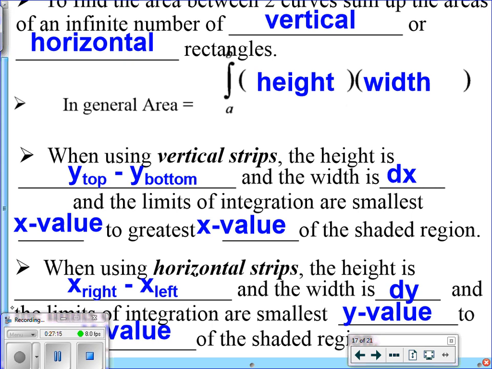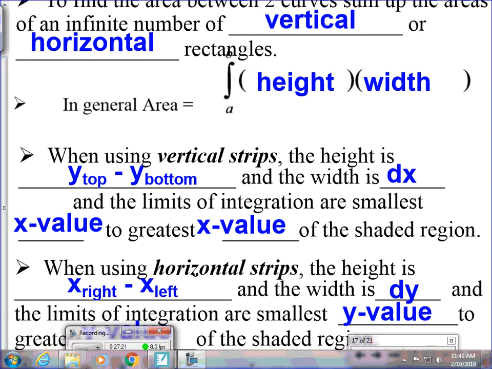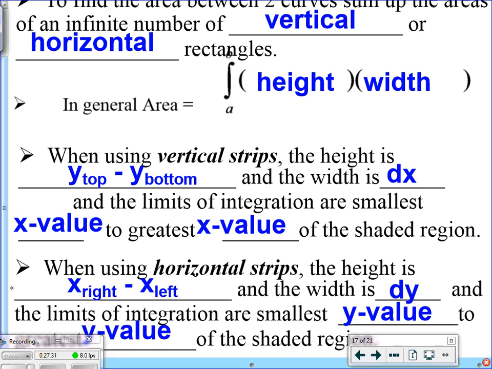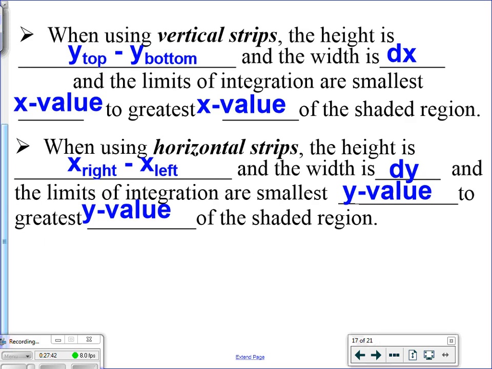And the limits of integration are the smallest x value to the greatest x value of the shaded region. When using horizontal strips, the height is x right minus x left, and the width is dy. And the limits of integration are the smallest y value of the shaded region to the greatest y value of the shaded region.